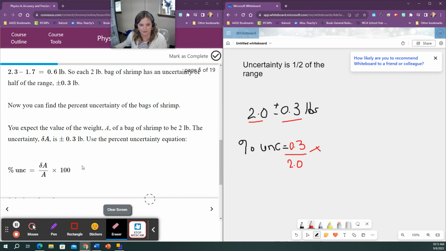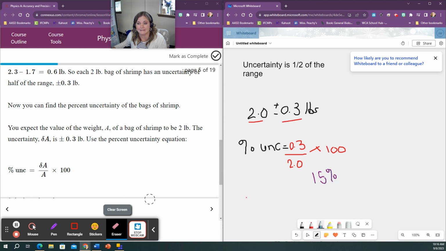They didn't put the percentage here, you notice, so that was a mistake before. So you don't want to do that mistake because it'll change the value. So that gives us, if you did your calculations correctly, 15%.